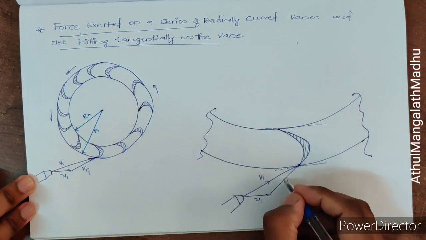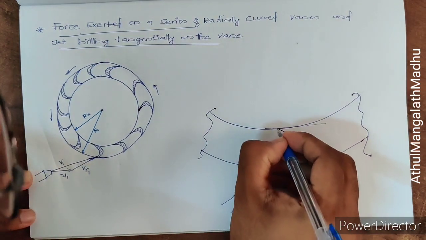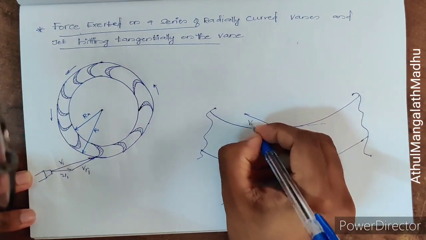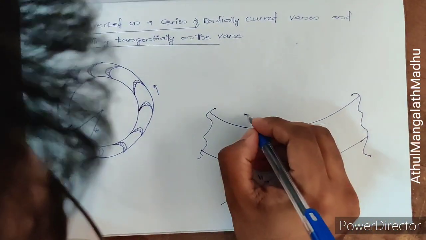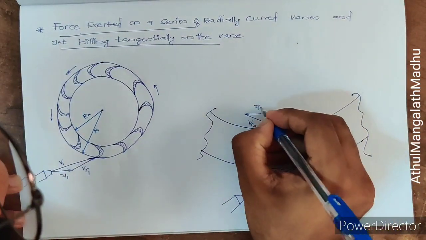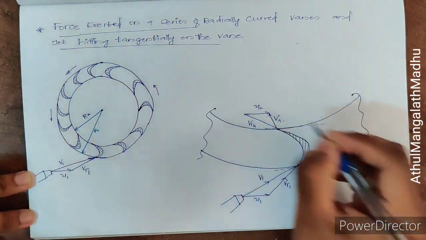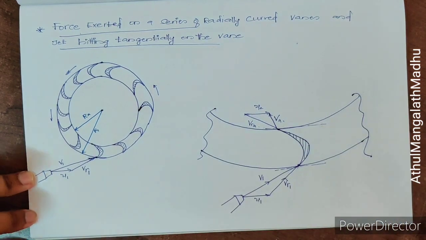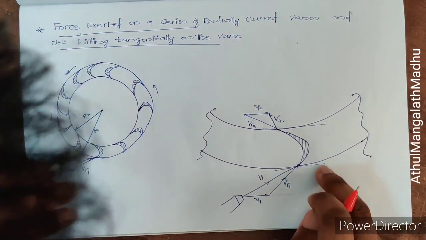We have discussed all these things, and it will be coming out with a velocity of vr2. And at this portion it will be having a tangential velocity of u2. So the absolute velocity is v2 here. This all you know. Now I'll be drawing a line which is parallel to this tangent.